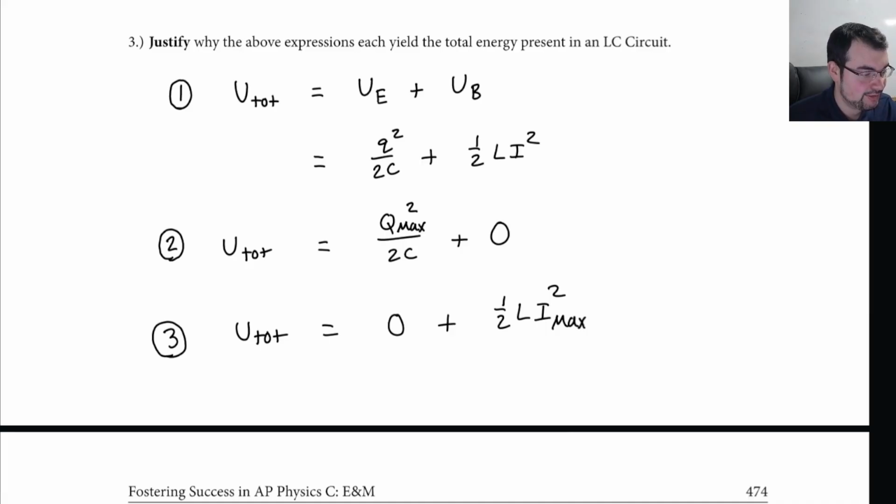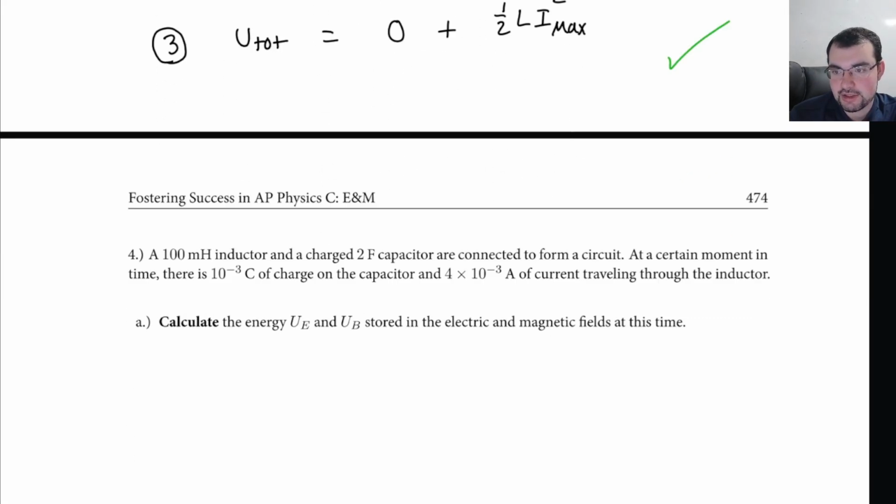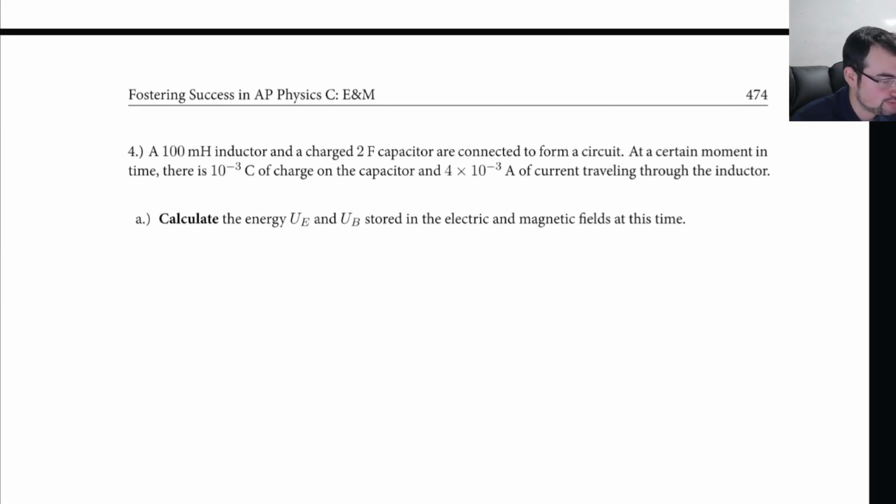Well, if you had current in your circuit, your capacitor could still get more charge. And similarly, if your capacitor still had charge on it, some of it could discharge to add to the current. So we know that when one of those quantities is maximized, the other one is 0. So we see that we get 3 unique energy formulas consistent with our expectations.